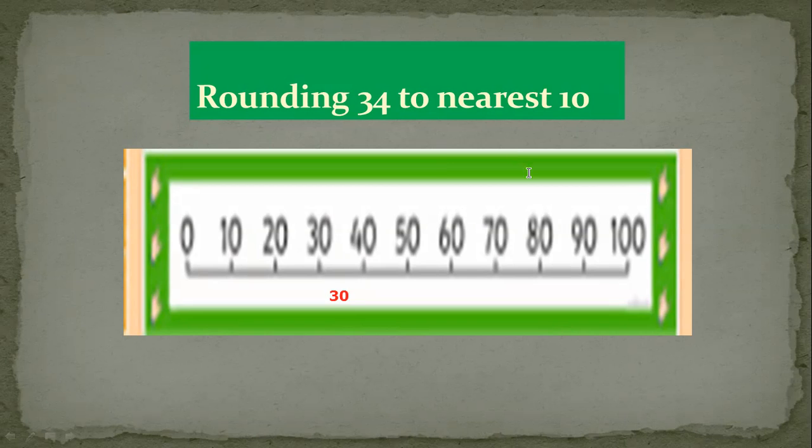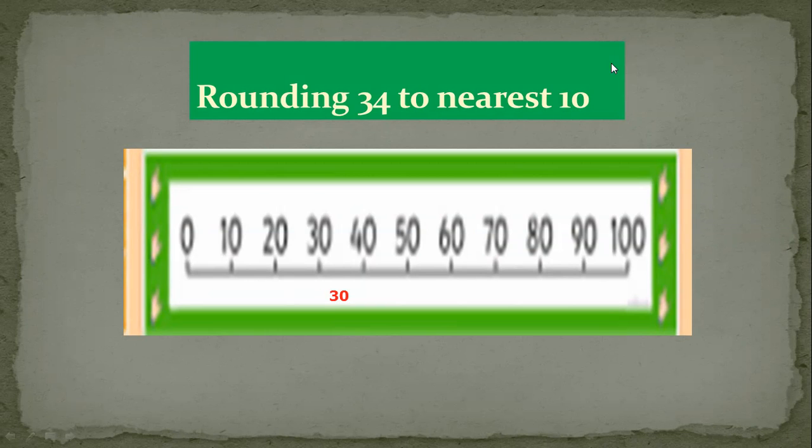If it is more than the midpoint, we have studied midpoints, boys. In our previous lessons, I taught you how to find midpoints and what midpoints are for. So when we are rounding a number, first of all we see carefully where it stands, whether it is less than the midpoint or more than the midpoint.